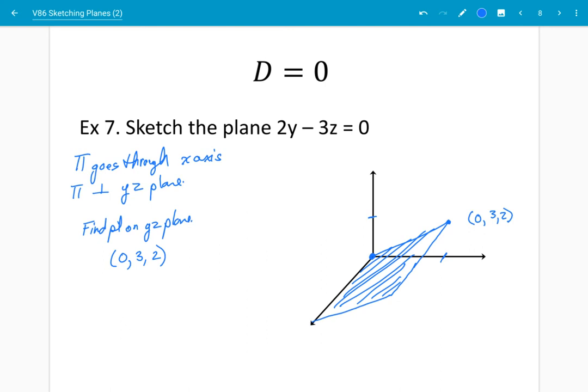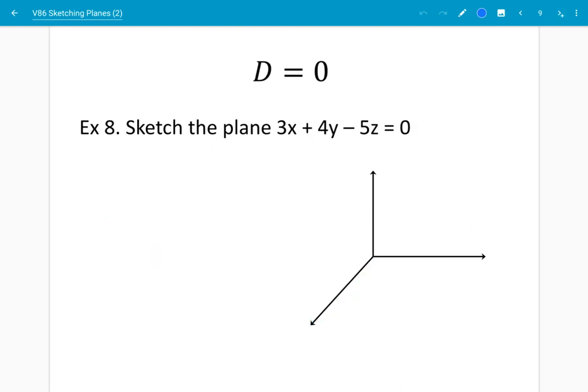One more example. And this time, it's the most complicated case. We're only going to do one. You've got to get your head around it. You can make up your own if you want. It's going to go through the origin, but it doesn't go through any axis, okay?